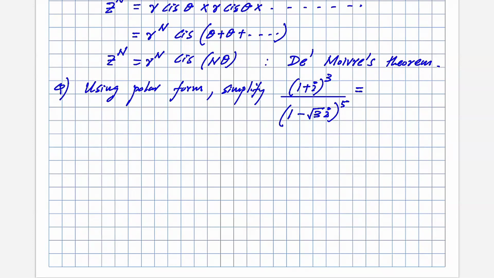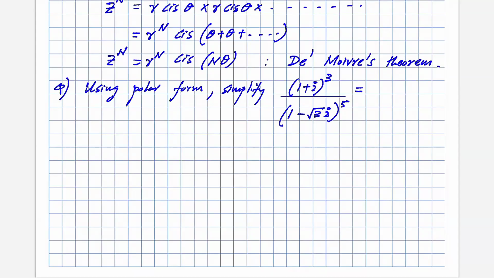So when you have the power, don't try to simplify that using Cartesian. Reason? If you have a power, you have a methodology that is called De Moivre's theorem. This power you can absorb inside cis. Easily do that. So you convert that into polar form first. That's the method to do.